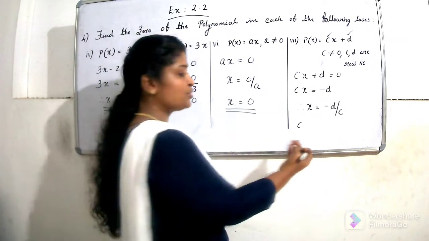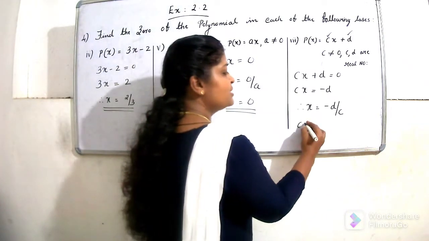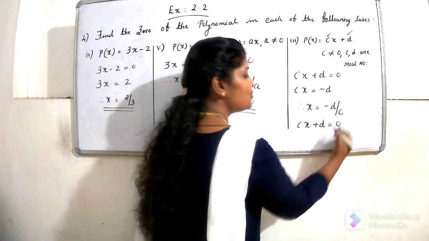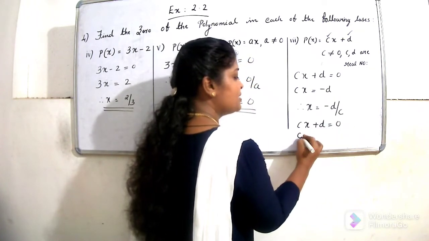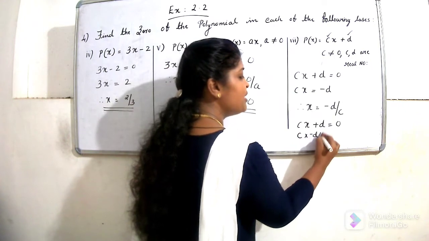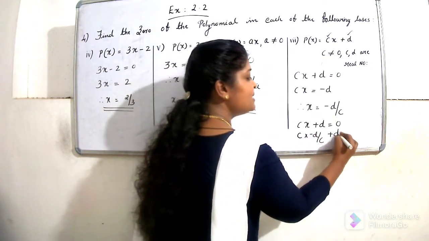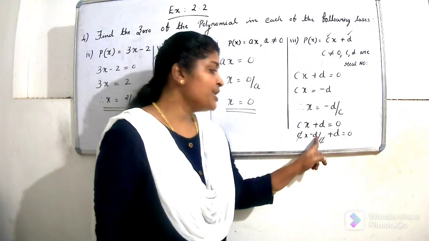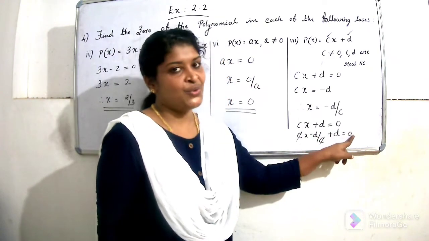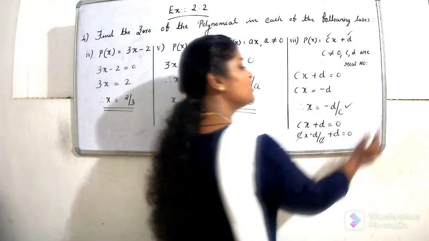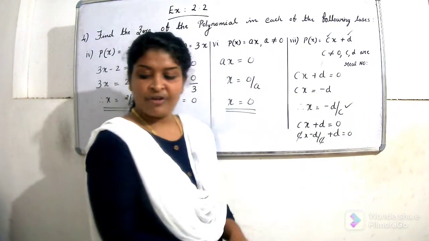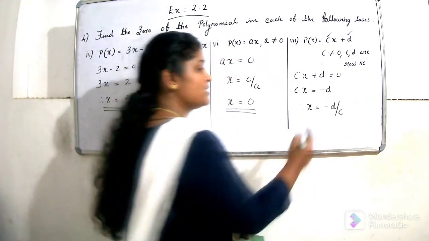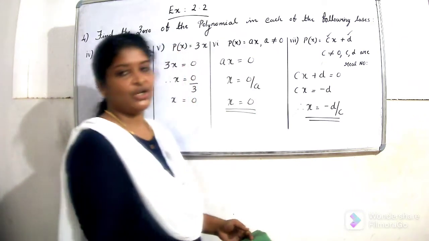That is what the teacher is just showing you. cx plus d equals 0: c into negative d by c plus d equals 0. c and c cancel, negative d and positive d become 0. So definitely this is the zero of the polynomial. So our answer is that much only. We have to say this is the zero of the polynomial.